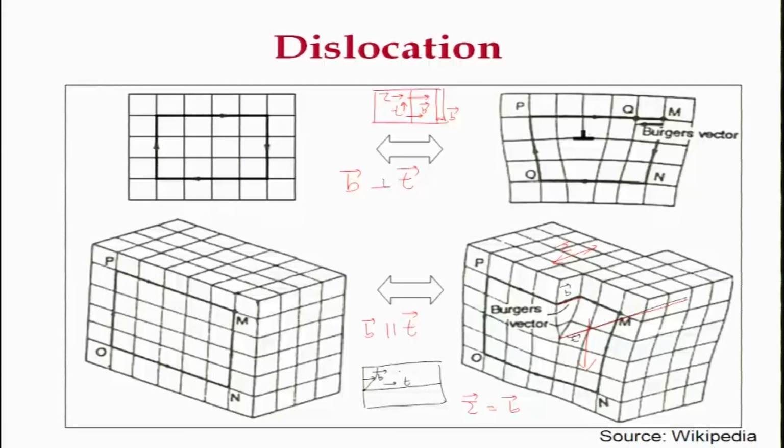In this case, as you apply stress, the line will move in this direction. Okay. So the movements are opposite in case of edge and screw dislocation with respect to the applied stress direction. So with this, I think this is enough for this course. We will discuss the surface defects in the next lecture.